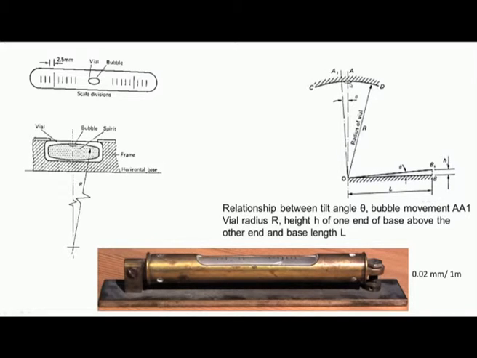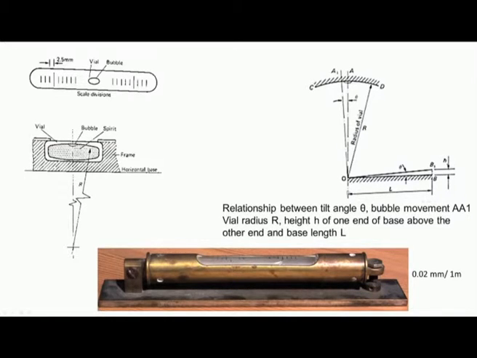When the surface is perfectly leveled, the bubble will be at the center A. When there is a slight inclination, a tilt of theta, then the bubble moves from A to A1, with radius of curvature R, and height h of one end of the base above the other end. You can see here end B has been raised by h with respect to the other end O, and base length L.